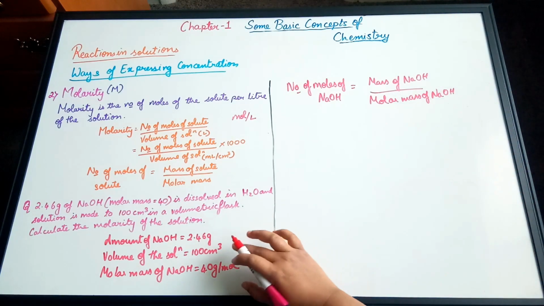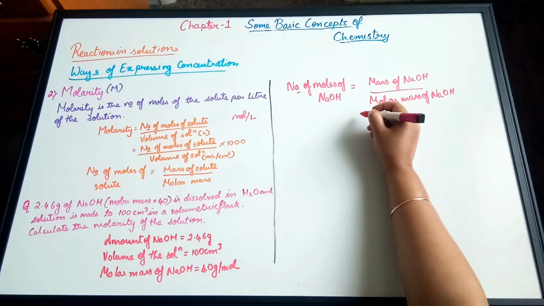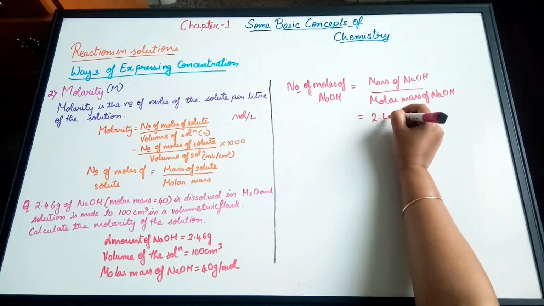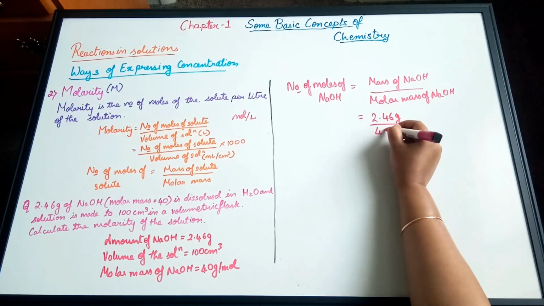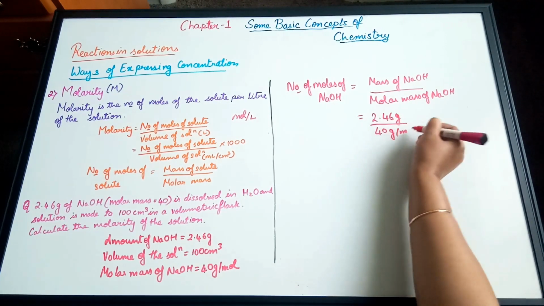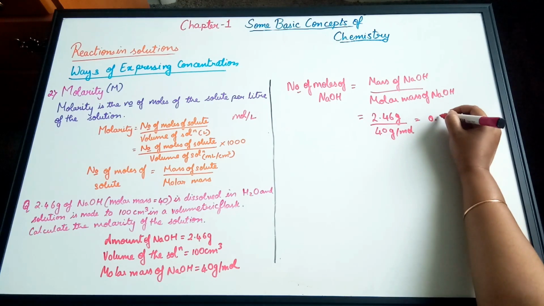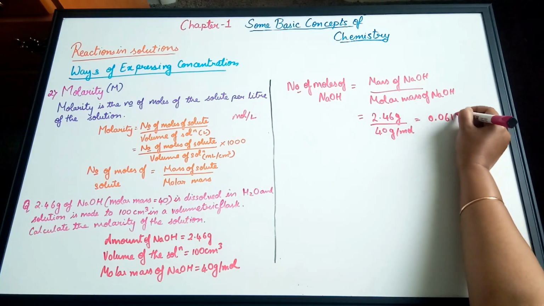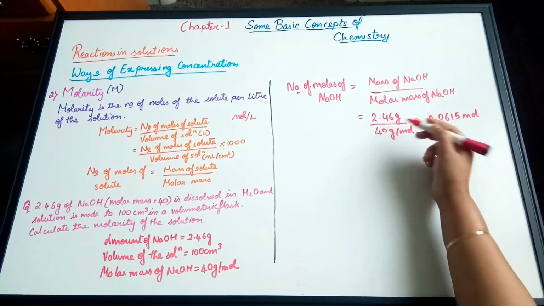Here we've been given the molar mass as well as the amount, and the amount is nothing but the mass. So 2.46 grams divided by 40 grams per mole gives us the number of moles of NaOH, which is equal to 0.0615 moles. So grams is getting cancelled.